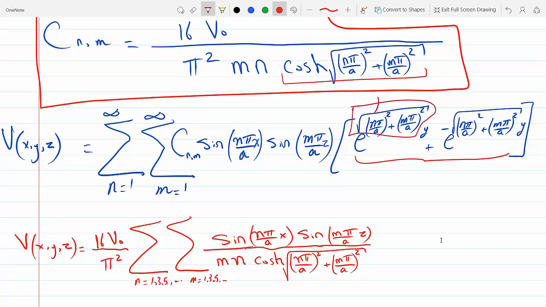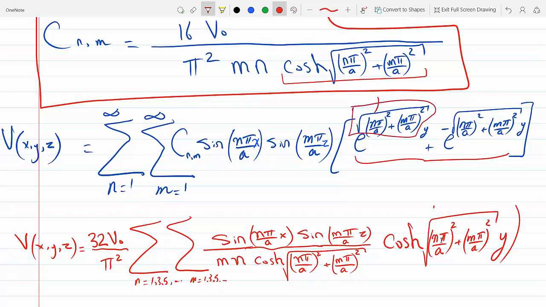So this 2 I can multiply with the 16 here and make this a 32, and then I can rewrite this term as cosine hyperbolic n pi over a squared plus m pi over a squared square root y, and this whole term is inside the cosine hyperbolic.